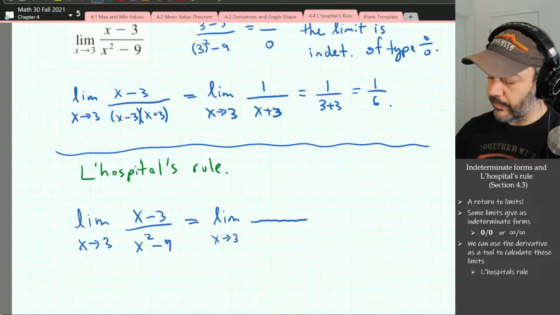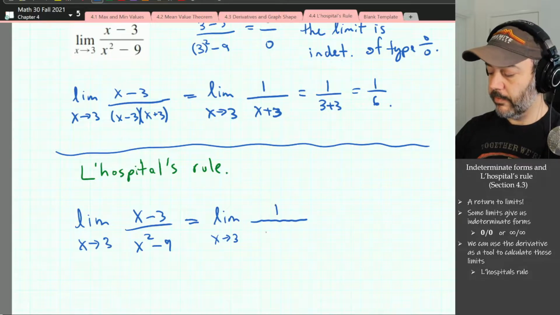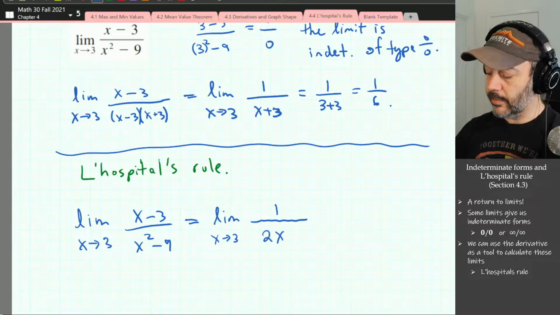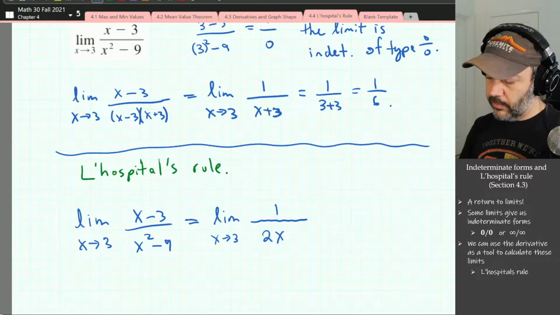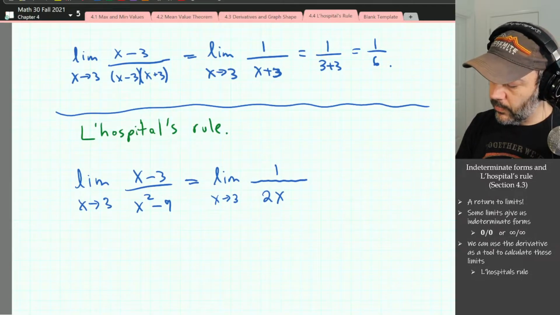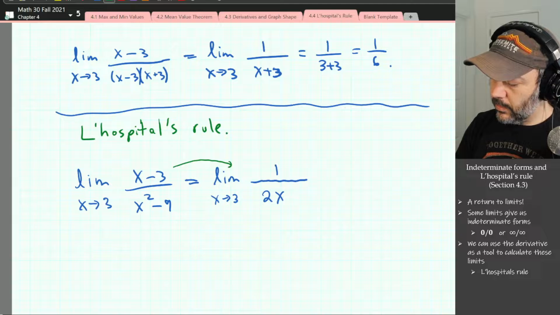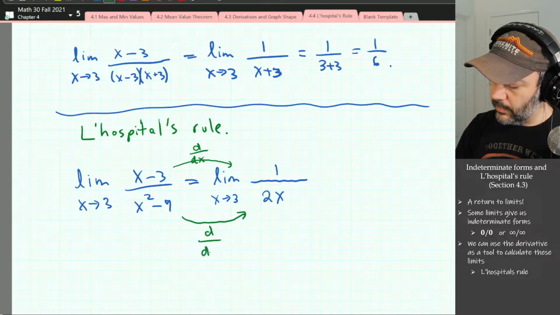And the derivative of the numerator is 1. The derivative of the denominator is 2x. So we've done the derivative of each.